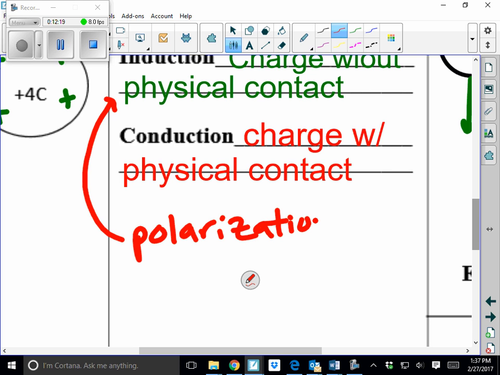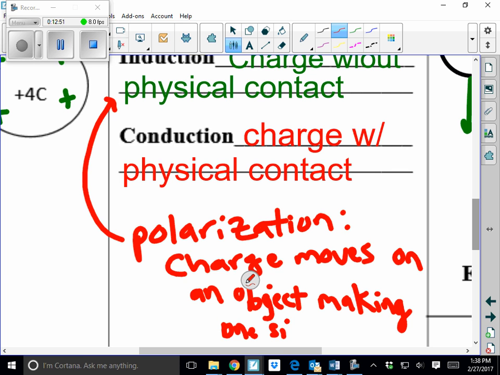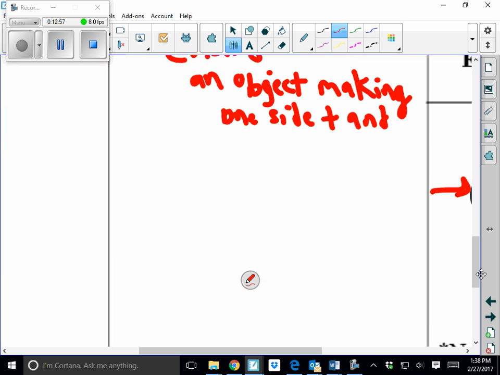So polarization. So charge moves, how do I say it? So polarization is the charges move on an object and they make it one side positive and one side negative. So charge moves on an object, making one side positive and one side negative.